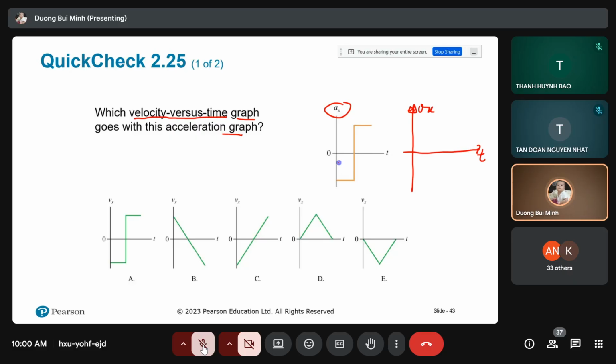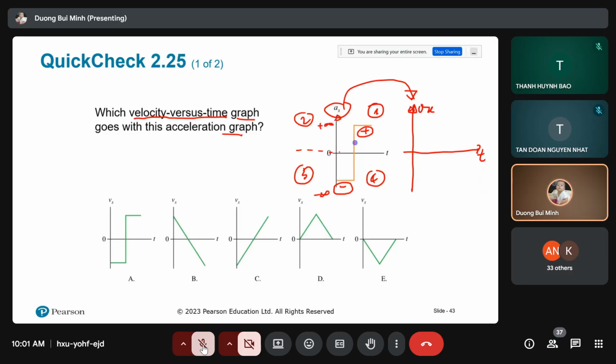From now we consider this is the first quadrant, the second quadrant, the third quadrant, and the fourth quadrant. So from now we know Ax and we need to refer to Vx. This one is negative, this is positive, this is positive infinite, this is negative.